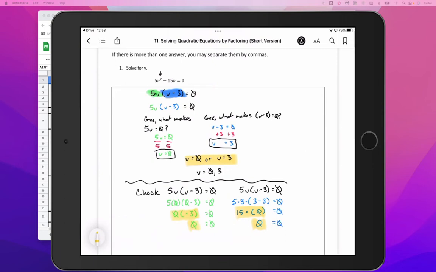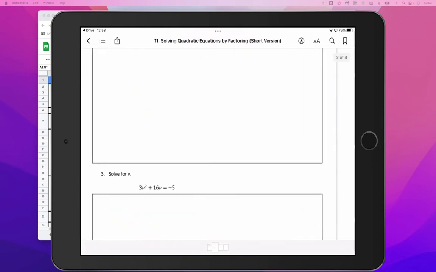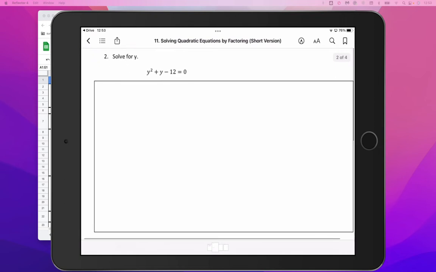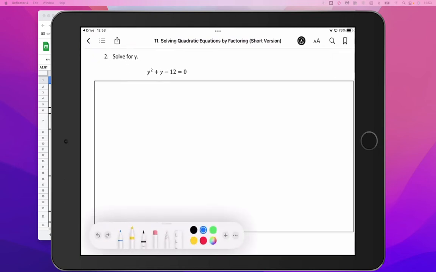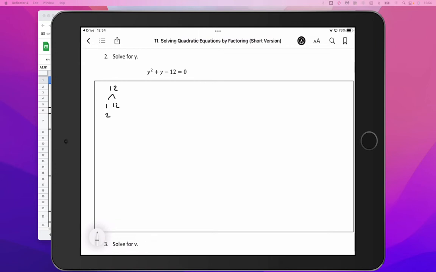Okay, on to number 2. I'm going to assume that we're pretty good at factoring at this point. We're going to take this and recognize the AC method, 1 times 12 makes 12. Factors of 12 are 1 and 12, 2 and 6, and 3 and 4.